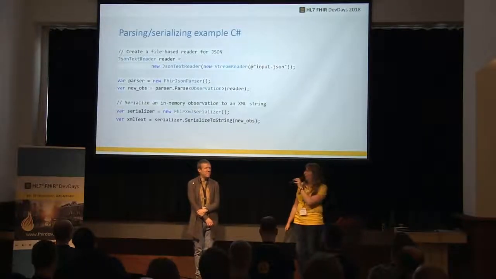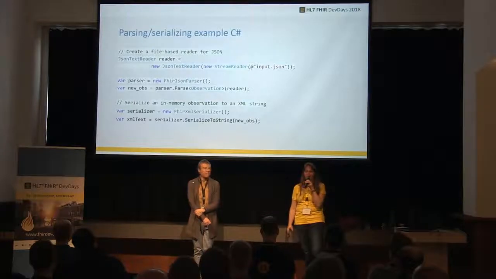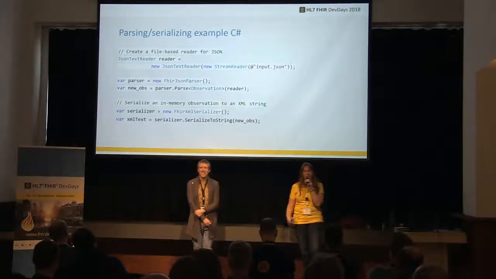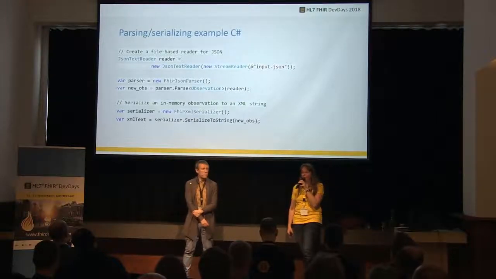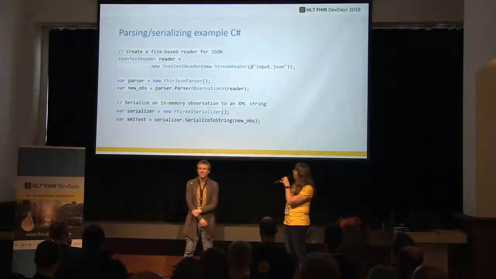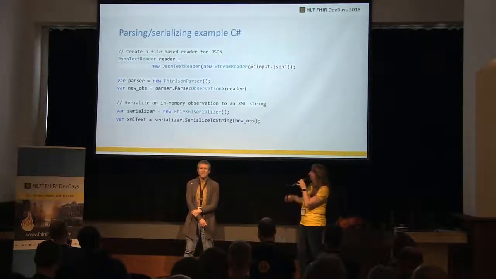Okay, so I also have an example of parsing and serializing in C#. As I said, you are using the HL7.FHIR.serialization, but in that you will have a parser and a serializer class. So you can create a parser and parse some stuff. Of course, it's not important what it says within this JSON text reader.